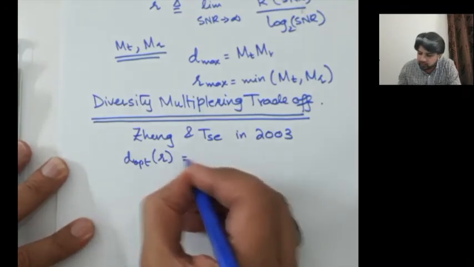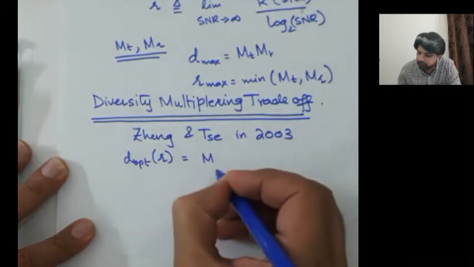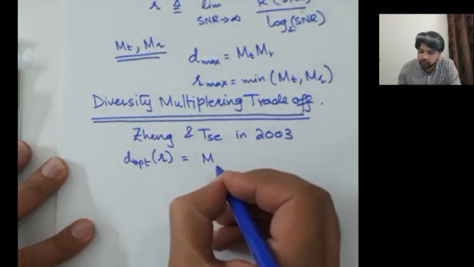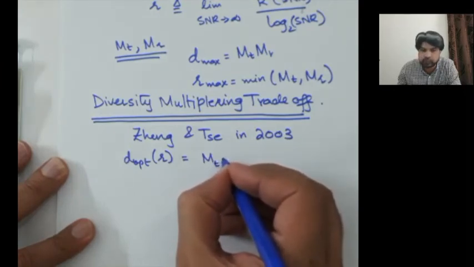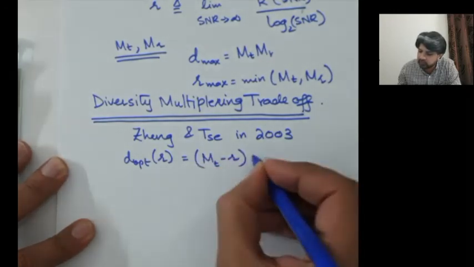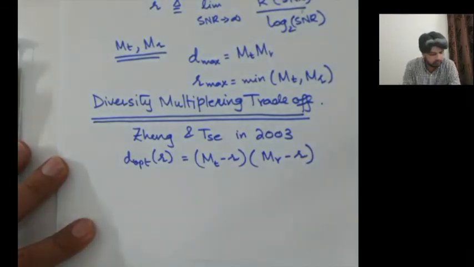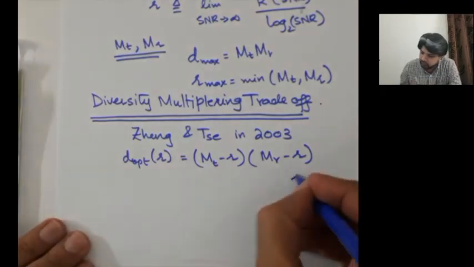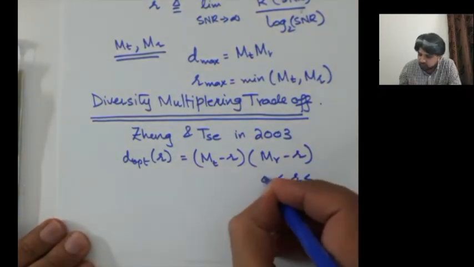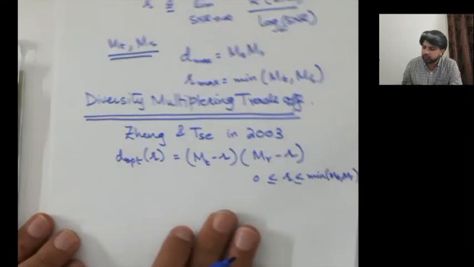can get? And they came up, after a long derivation, with a very intuitive expression: the maximum or the optimal diversity gain for a given R would be MT, which is the number of transmitting antennas, minus R, multiplied with the number of the receiving antennas minus R. So that is the equation, where R would be greater than or equal to 0 and less than or equal to the minimum of MT, MR, which is its maximum value, right?